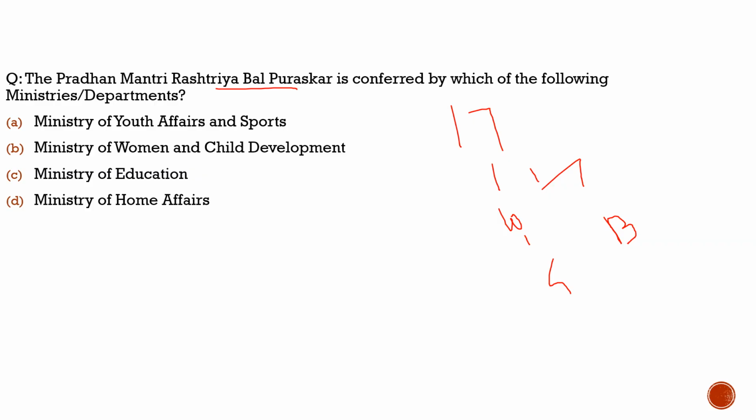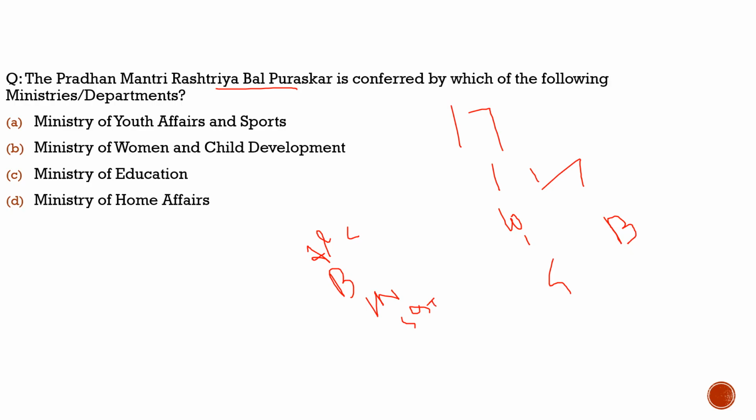If I would like to name them, art and culture is one category. Bravery is another. Then comes innovation, another sector in which this award is given. Then comes science and technology. This is another.